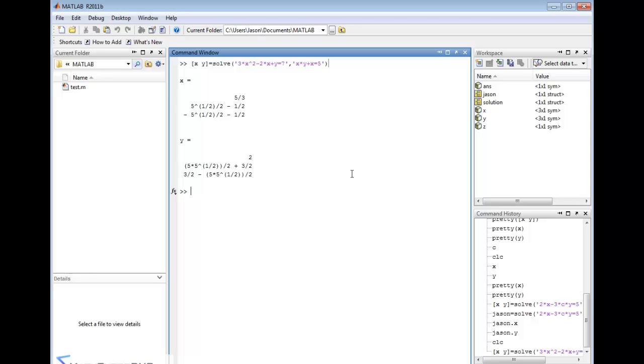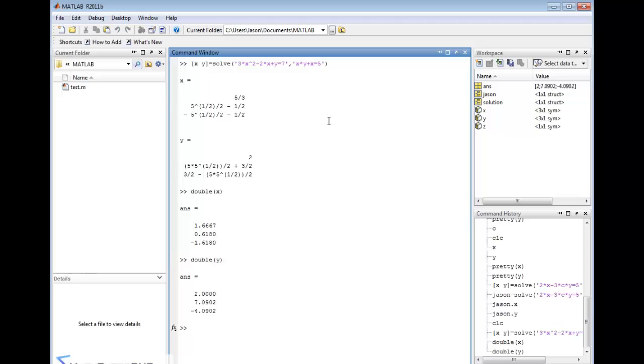So again, if you want to see what the values of x are in terms of decimals, just take the value of x and pass it in there, and those are the values. And then for y, those are the values there as well. So go ahead and put it into MATLAB, assign the values to x and y, and MATLAB can pretty much handle almost anything you throw at it. And if it's not able to handle it, then it's probably too complicated for you to have been able to solve by hand anyway.